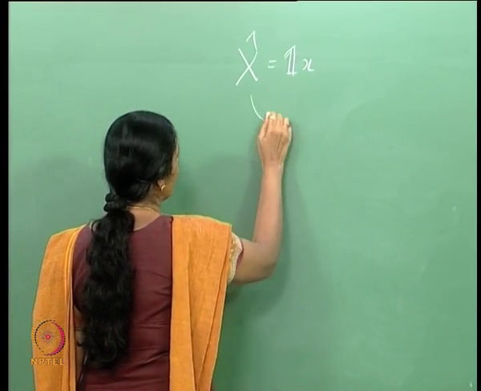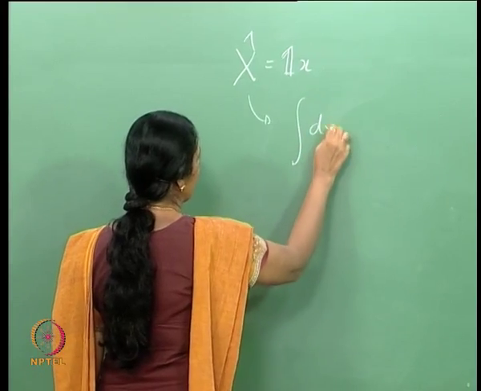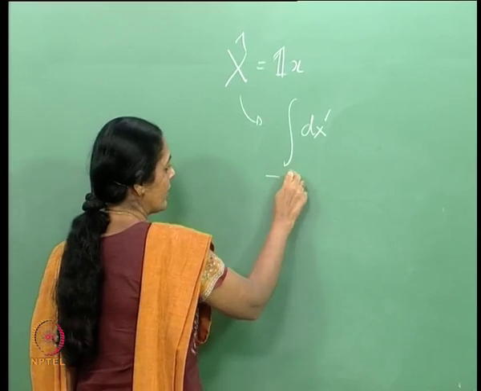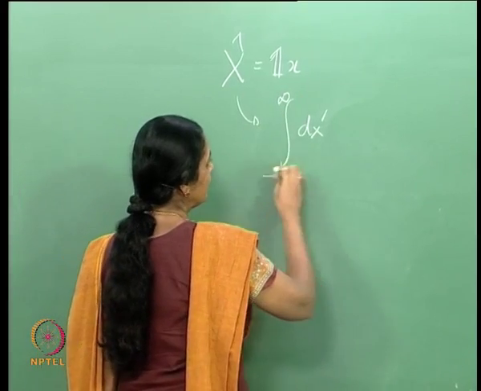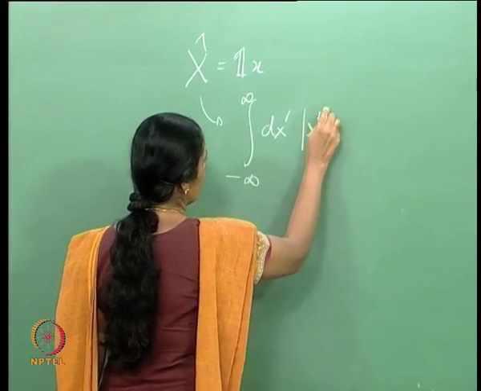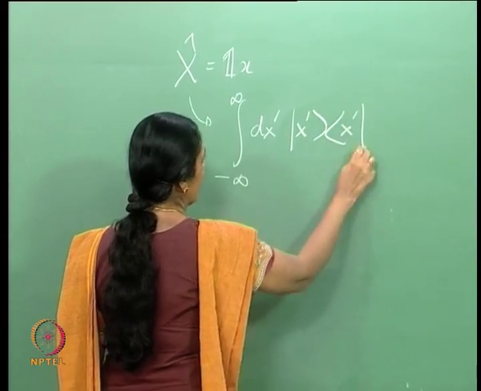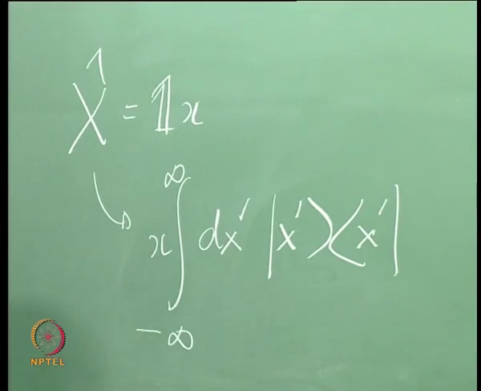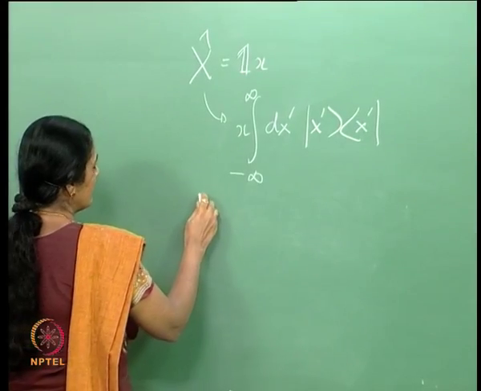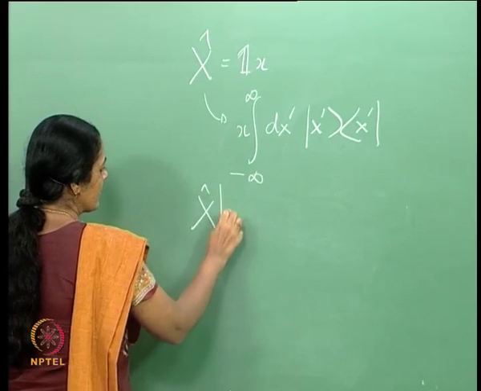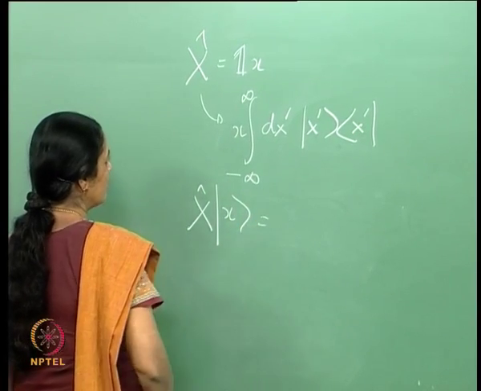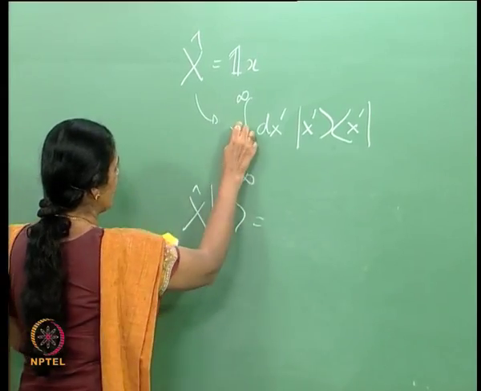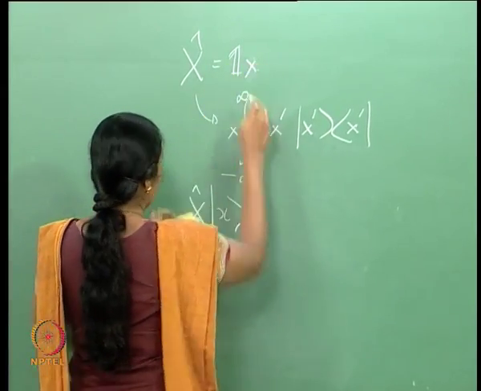So I'm going to write this as integral dx prime. Let me work in the range minus infinity to infinity. This is the identity, and then x is a variable. I can just pull that out.